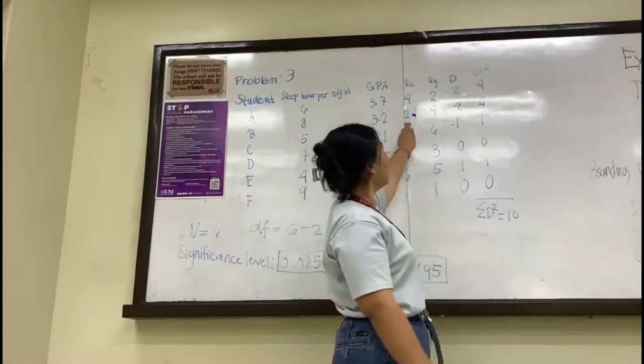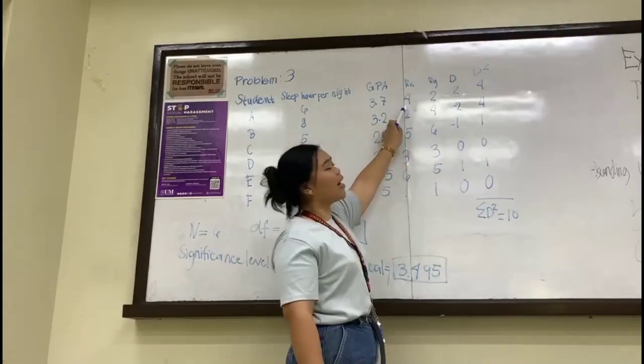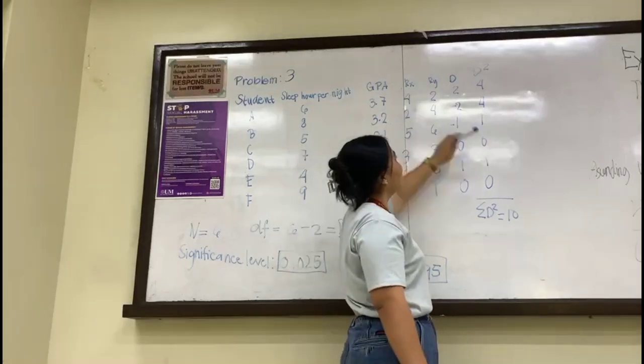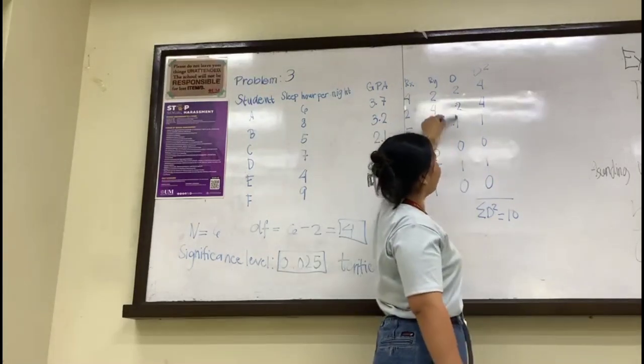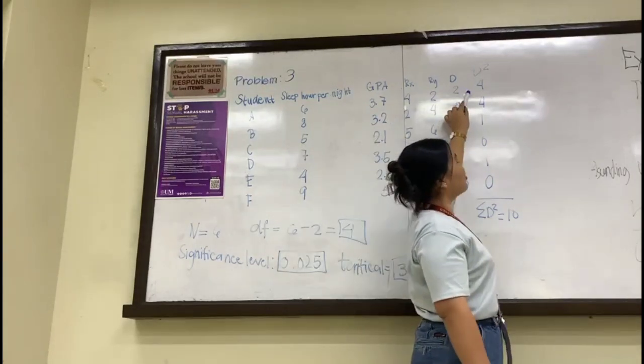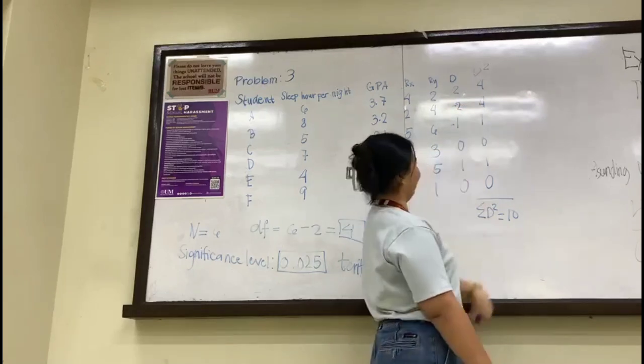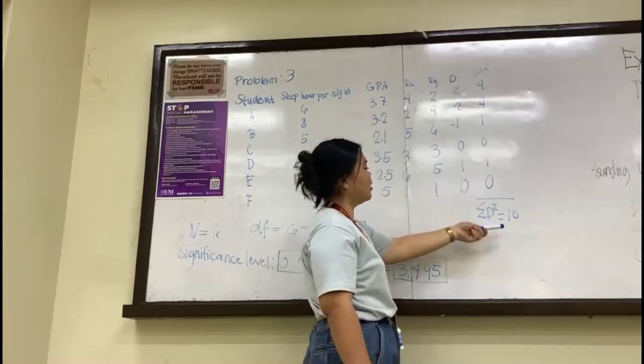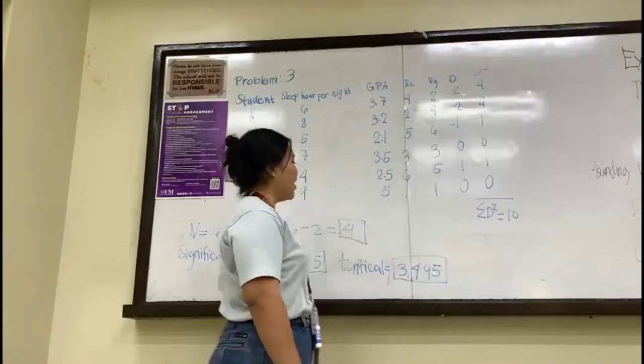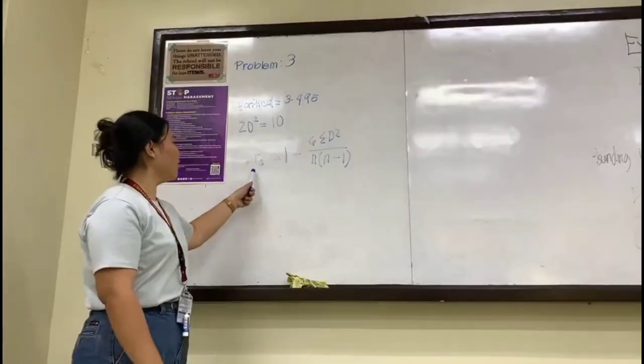Again, we rank them from highest to lowest, the Rx and the Ry. So we find the difference between the Rx and the Ry. The answer of this, let's square it. So the summation is 10. So let's solve our r sub s.